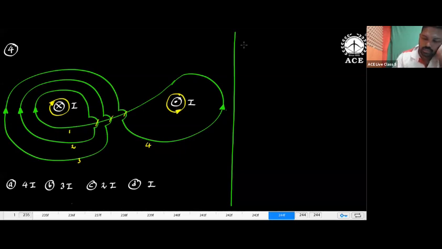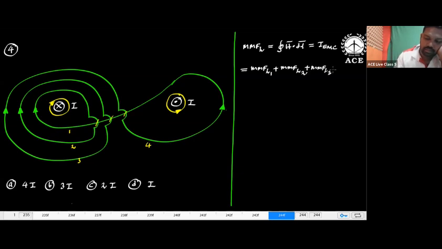Clear? So what is the MMF in the loop? According to the law, MMF in the loop, which is equal to the closed line integral of H·dl, which is equal to I_enc, is MMF in loop 1 plus MMF in loop 2 plus MMF in loop 3 plus MMF in loop 4, beta.